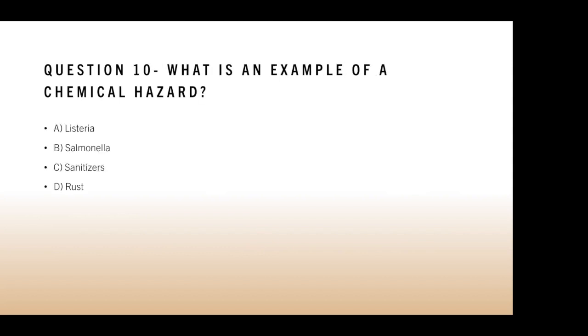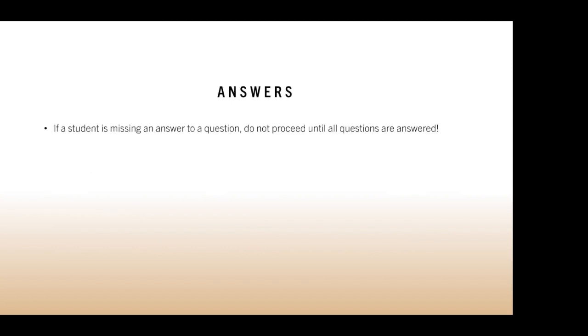What is an example of a chemical hazard? Is it A, listeria, B, salmonella, C, sanitizers, or D, rust? That concludes the quiz portion of this presentation. If a student is missing an answer to a question, do not proceed until all questions are answered. We are going to be moving on to answers of the quiz.